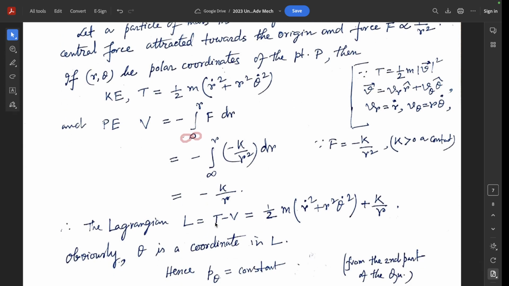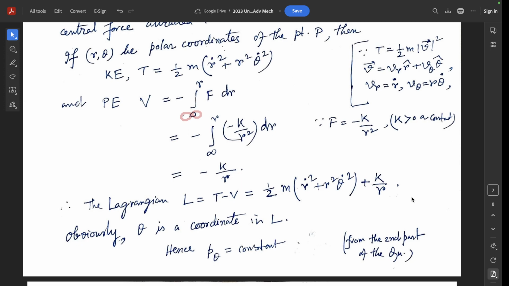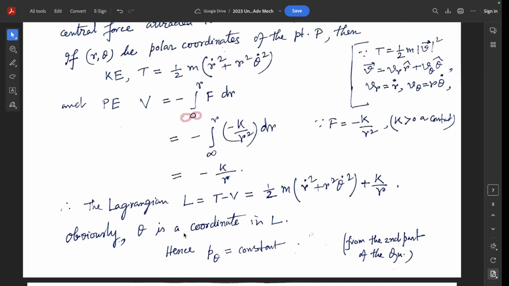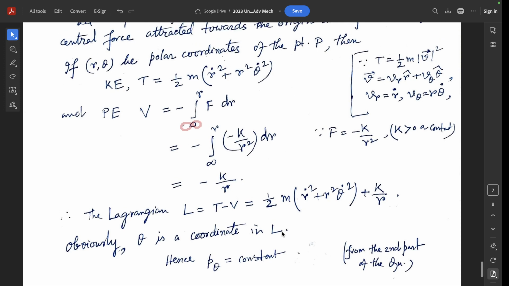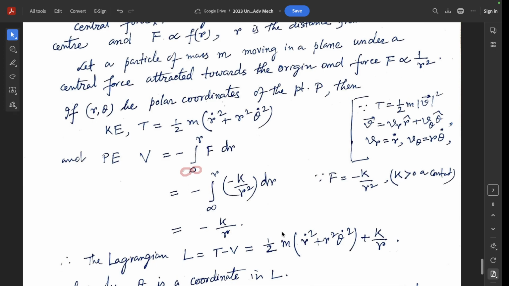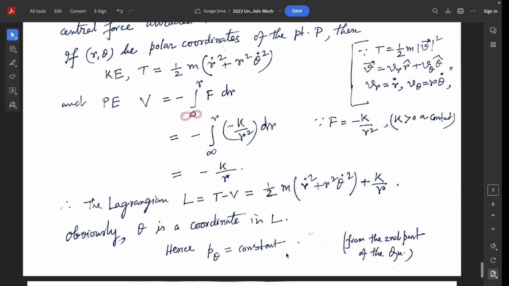So the Lagrangian L equals T minus V, which is this. Obviously, theta is absent in L, so theta is a cyclic coordinate.